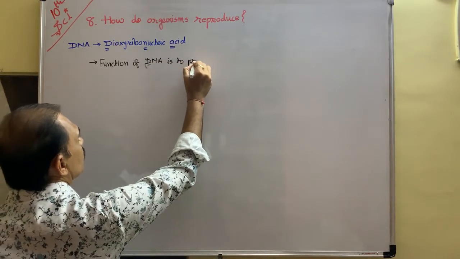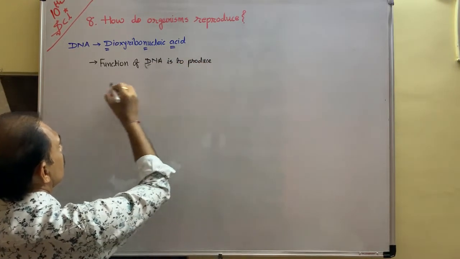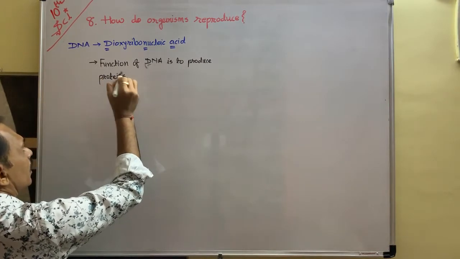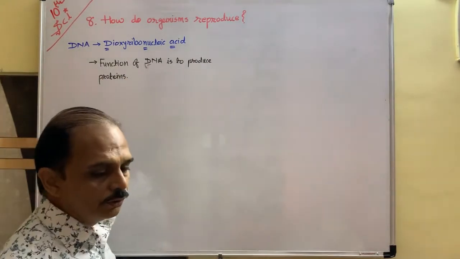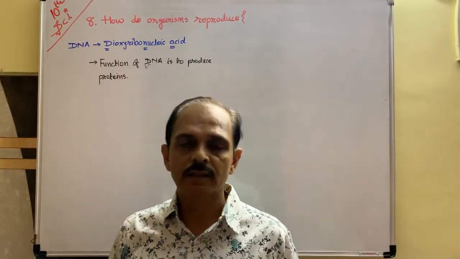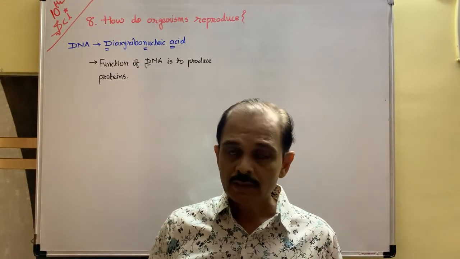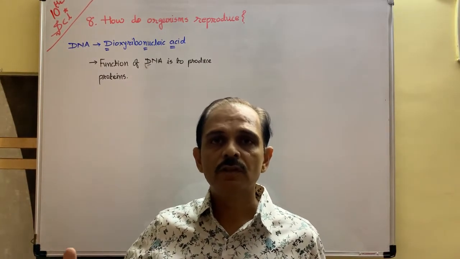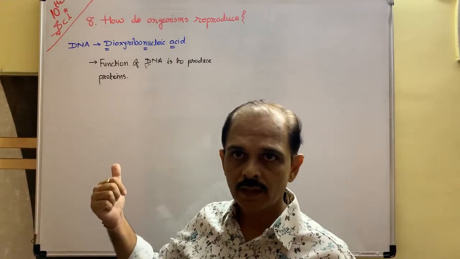If different proteins are produced, then our body or any organism's body is created. Means each and every organism's body depends on this protein, right?